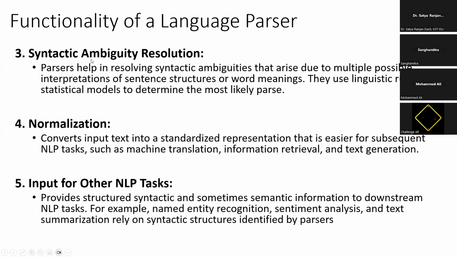Then there are other functions as well, for example, syntactic ambiguity resolution, then normalization, and other syntactic and semantic information also. For example, other NLP tasks such as named entity recognition, where every entity or every token will be given a particular named entity. And then sentiment analysis, text summarization, etc.